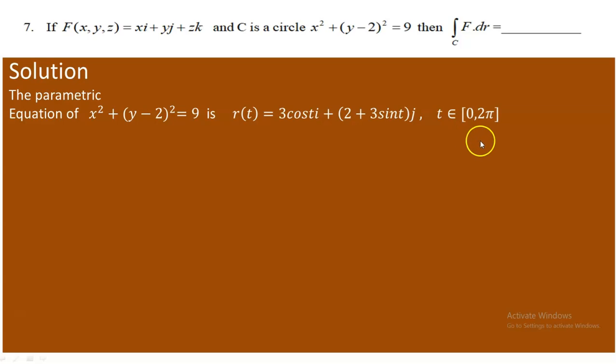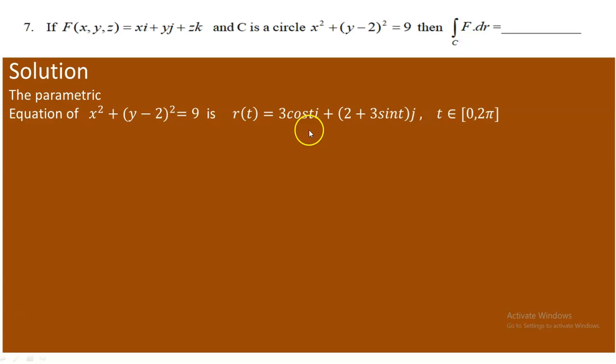For one complete revolution of a circle, t runs from 0 to 2 pi. So this is the parametric equation of the circle given by x squared plus (y minus 2) squared equals 9, for t running from 0 to 2 pi.